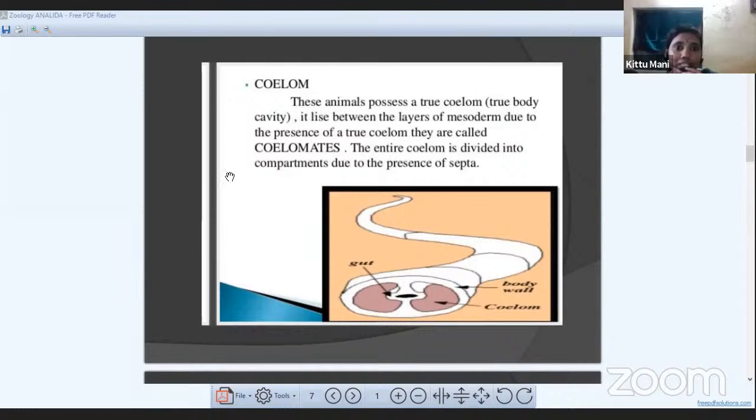Because of the presence of septa. So that's why the coelom is also divided into compartments. This type of coelom is called schizocoelomate. Okay, and another type of coelomate we also discussed previously.